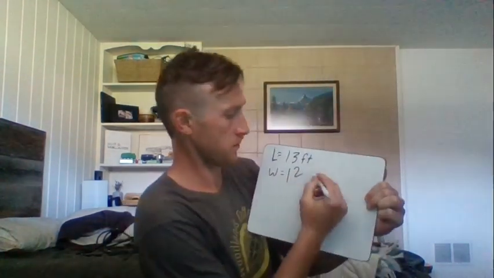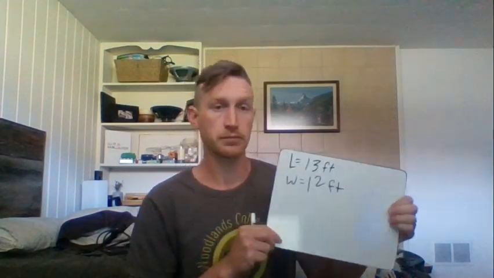Now I'm going to round up a little bit. It wasn't quite 12, but it was close enough, so I don't have to go into some decimals, which we could do, but we're going to keep it a little simpler, and I'm going to round it. My width was 12 feet. Length, width.